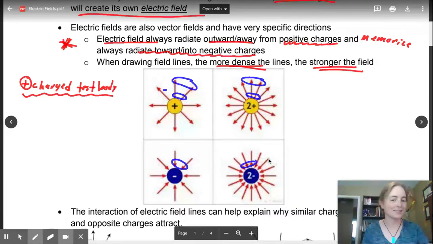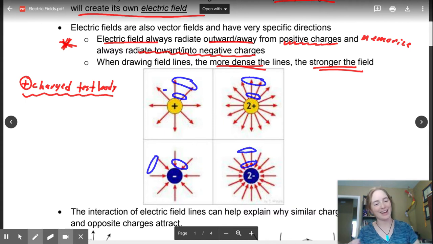So this is a stronger field, as this has double the negative charge of this first diagram. And same farther away, the lines are farther apart, so therefore they're going to be less strong than that electric field. Cool beans?